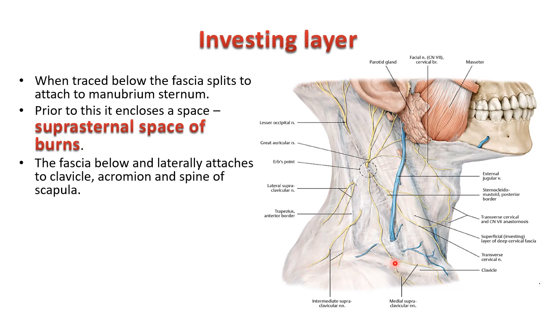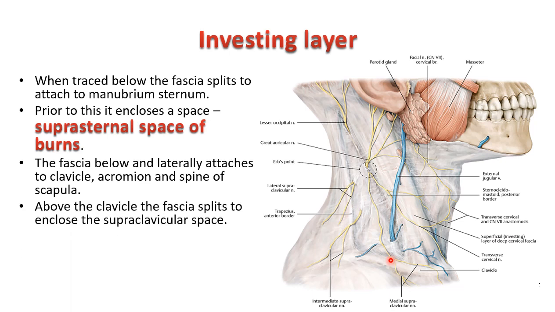Now, immediately above the clavicle also, the fascia splits before attaching to the clavicle, and that is called the supraclavicular space. The supraclavicular space is again between the two layers, the splitting of the investing layer of the deep cervical fascia.